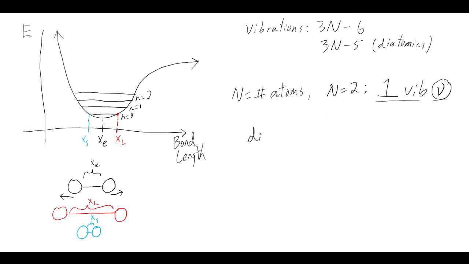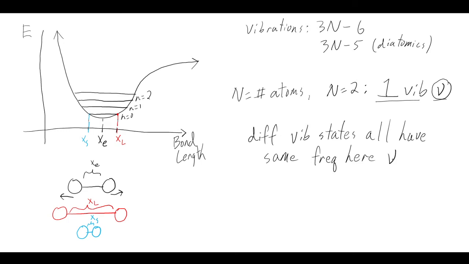Okay, so the different vibrational states here all have the same frequency, whatever nu is. Now, if it's a diatomic, there is only one vibrational frequency. If it's a polyatomic, there are a bunch of different vibrations, each of which will have their own ladder rungs with different amplitudes associated with that vibrational frequency.